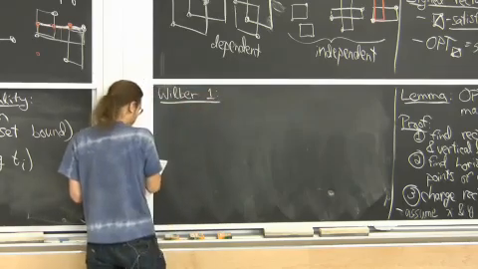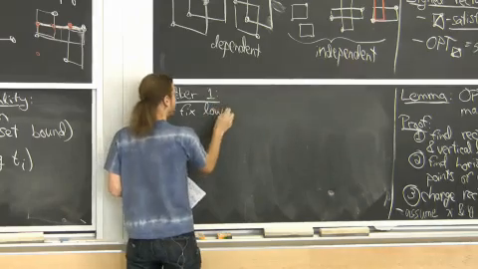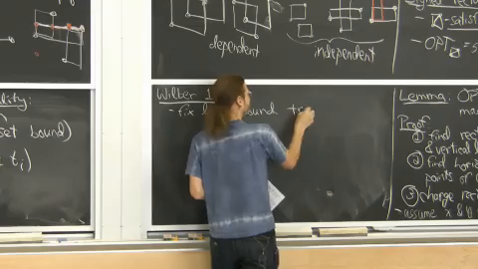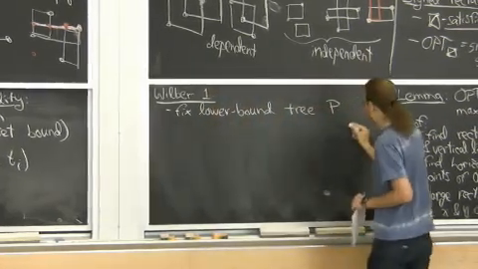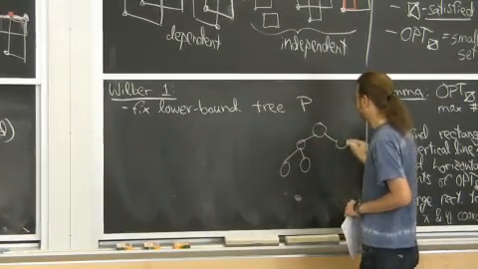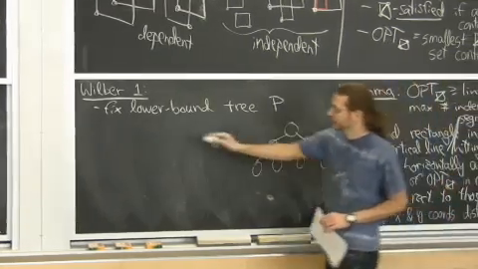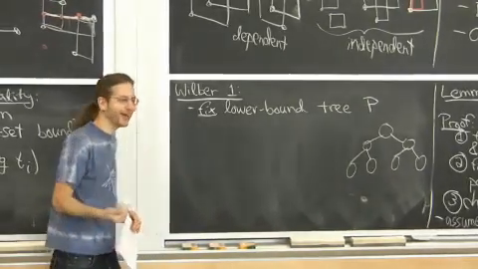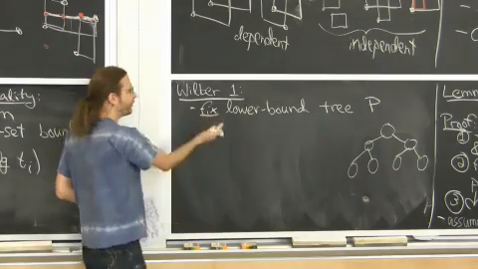What's Wilber 1? We're going to fix something called a lower bound tree. I'm going to call it P because it's basically going to be a perfect binary tree on my keys. This tree never changes. That's why I say fix. It is not the binary search tree you're looking for. It's just a thing to think about.